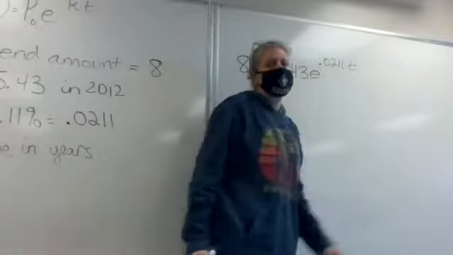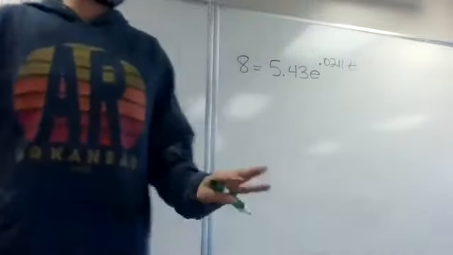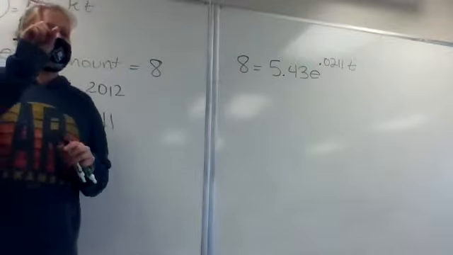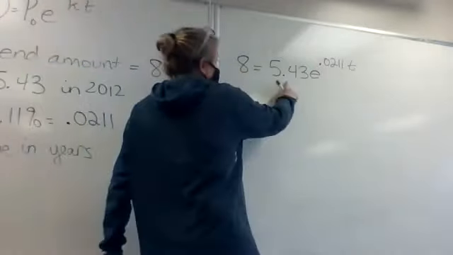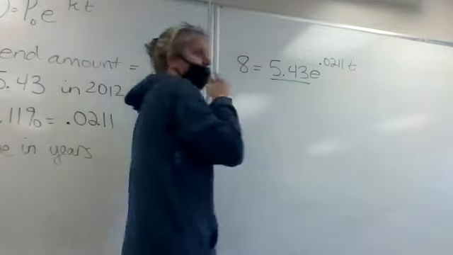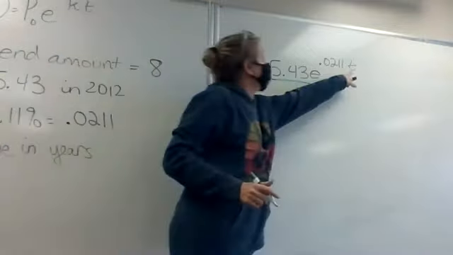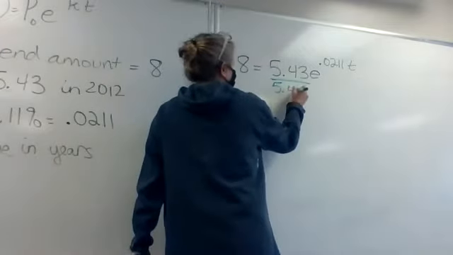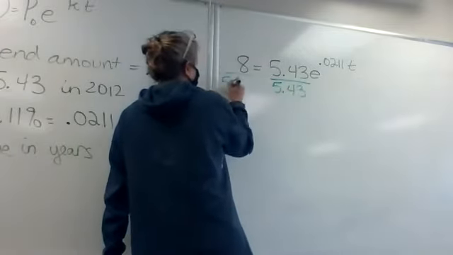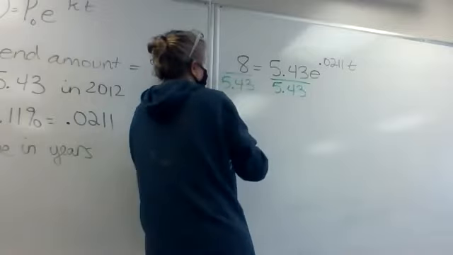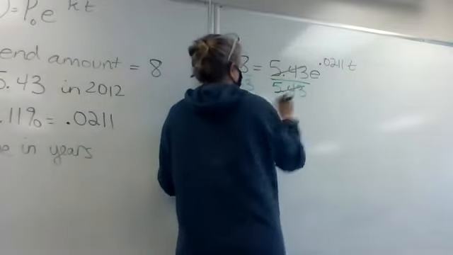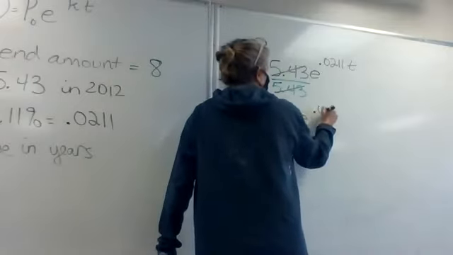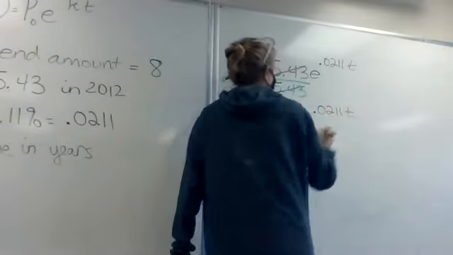This T is what I'm solving for. It is up in the exponent, which means we are going to use those log properties to bring it down. But before I do that, I can first get rid of that 5.43, right? Because my goal is to get that T alone. So if I divide both sides by 5.43, that'll cancel that. All I have left over here is E to the 0.0211 T.